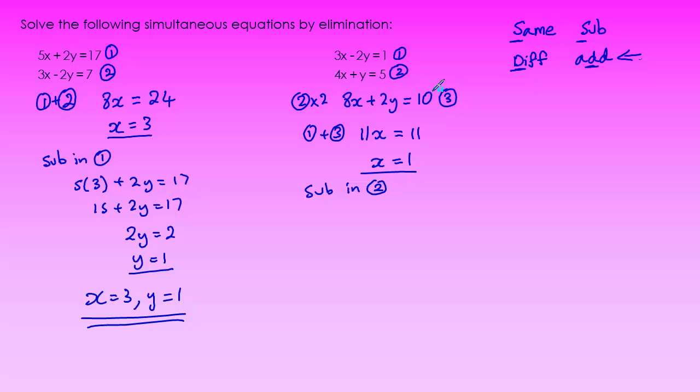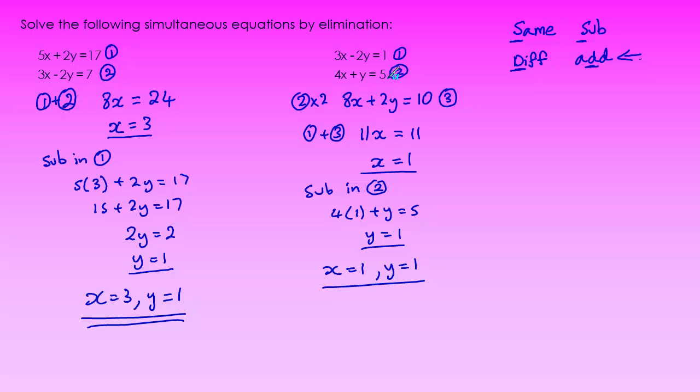Never go for equation 3, always go for the original equations here. So that's going to give me 4 lots of 1, add y equals 5. So 4 add y equals 5. Y must also be 1. So we're going to say x is 1, y is 1.